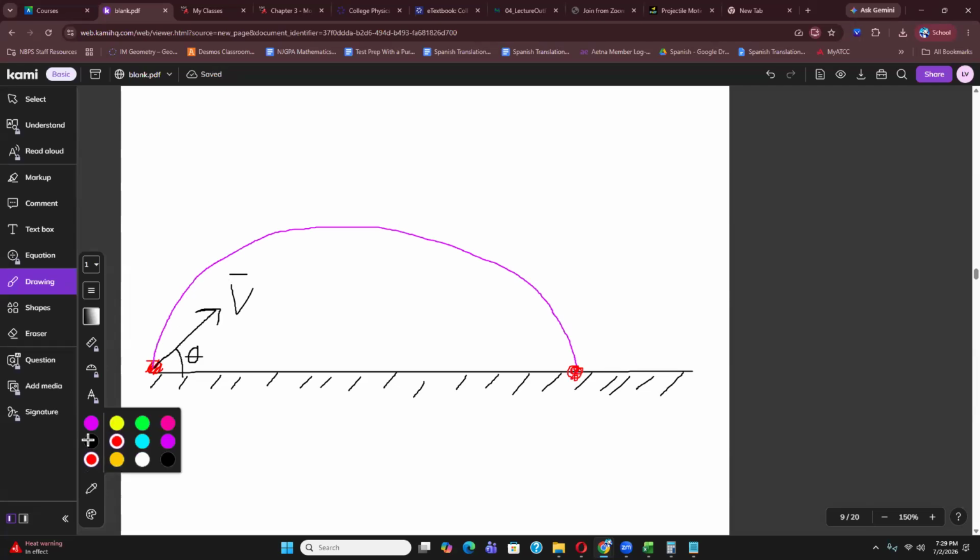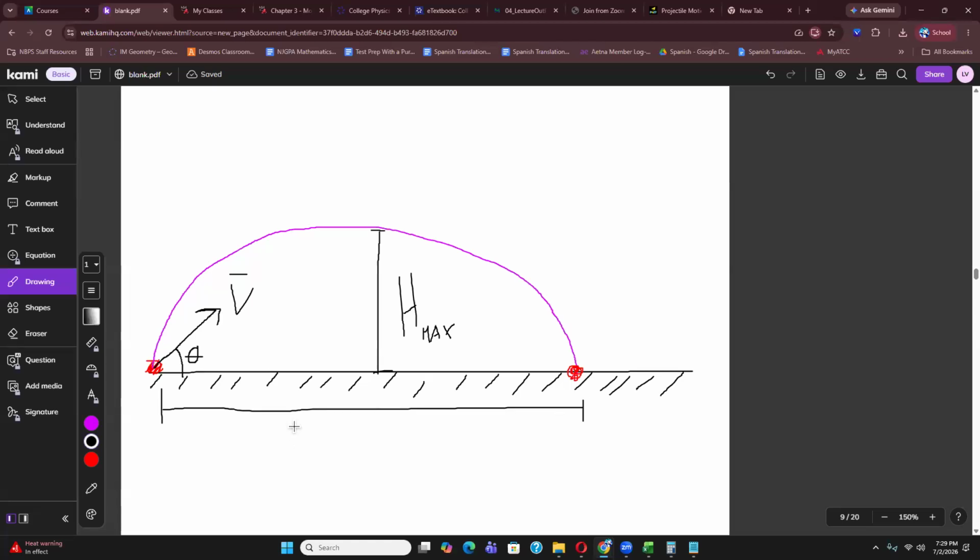It reaches a maximum height, let's call it H max. And it also travels a distance, which we call the range. And of course, gravity is always pointing down.